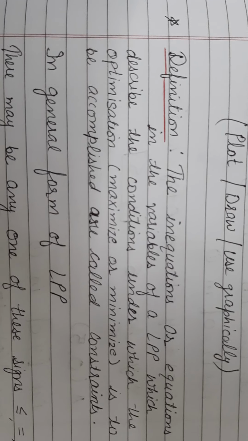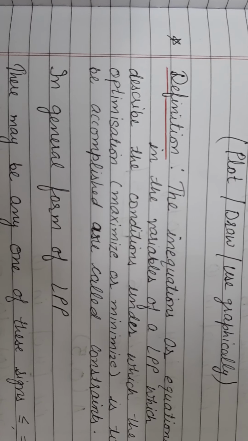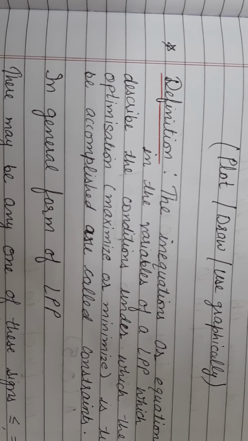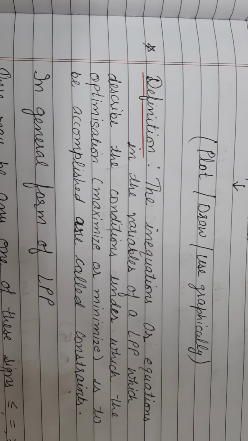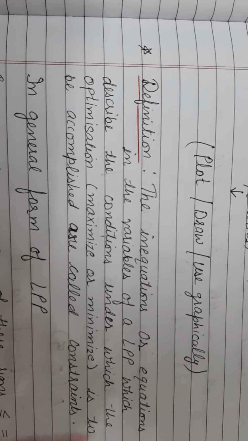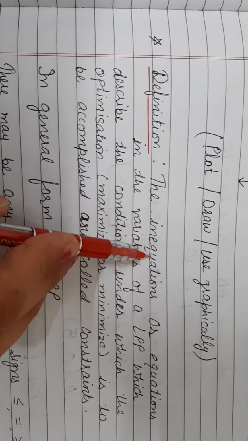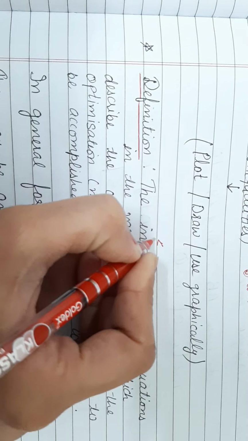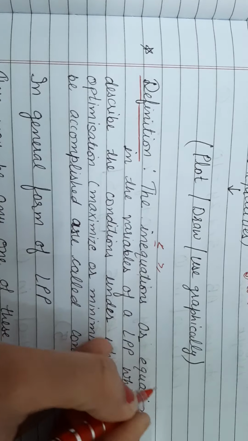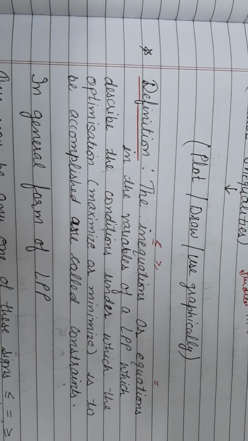The inequations or equations, as you have seen in class 11, are written with signs less than or equal to, greater than or equal to, or equal to. Inequations are with the sign less than or equal to and greater than or equal to. Equations are with the sign equal to.